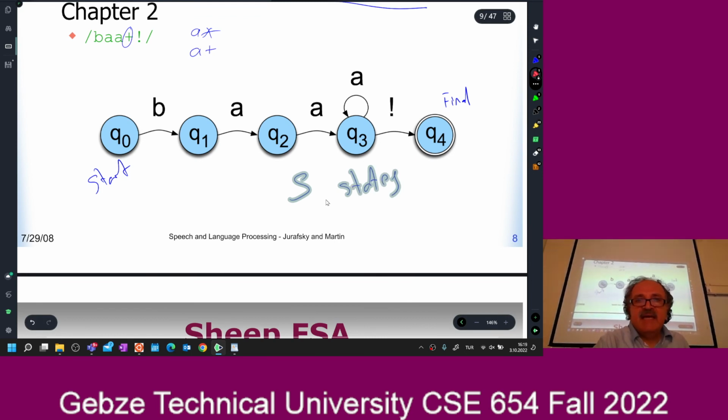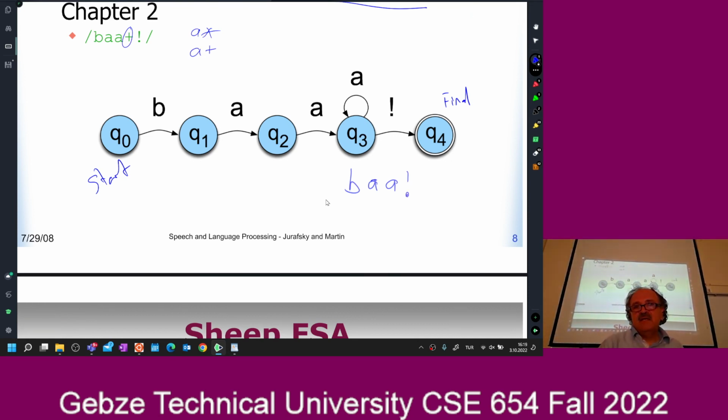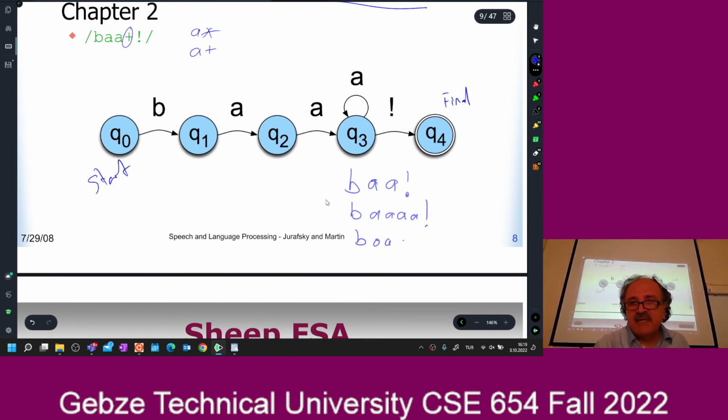It says that anything that starts with a B and has at least two A's and ends with an exclamation mark is a sheep word. This is a sheep word. Another sheep word is this one. Another sheep word is, okay, this one. But this one is not a sheep word. This one is not. This one is, and this one is.